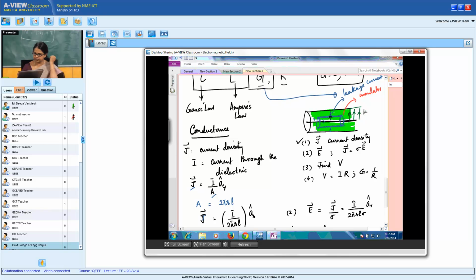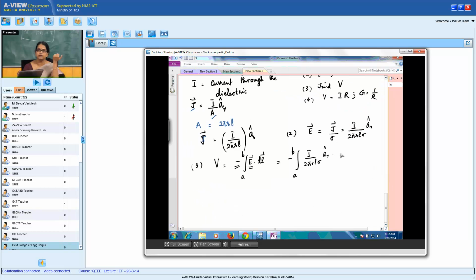When I talk about potential, I am either moving the charge in the direction of the field or opposite to the direction of the field. If the charge is moving in the direction of the field, I have work done by the field. So essentially my dl, the path that I am taking, is along the direction of the field.